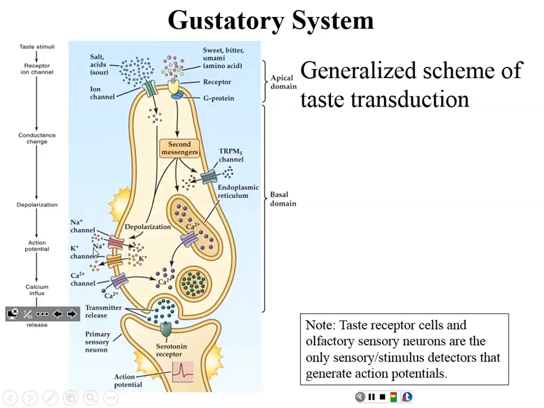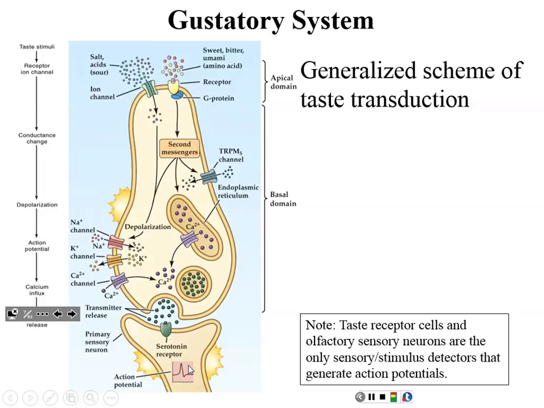That depolarization increases the input of sodium and calcium, and that entry of calcium in either one of those pathways induces the release of neurotransmitter, serotonin in particular, that is going to induce a depolarization into the afferent neuron.